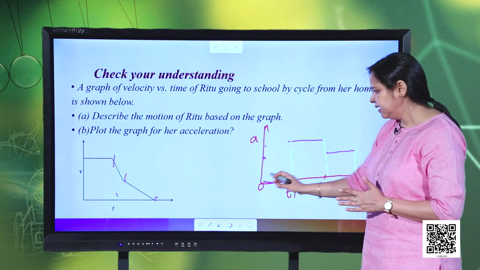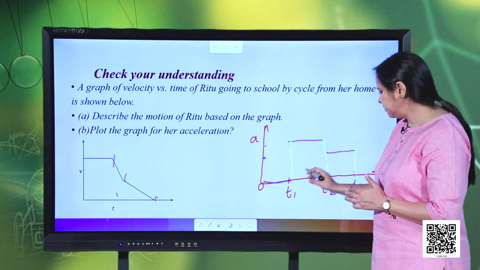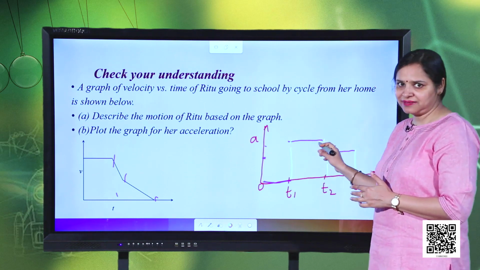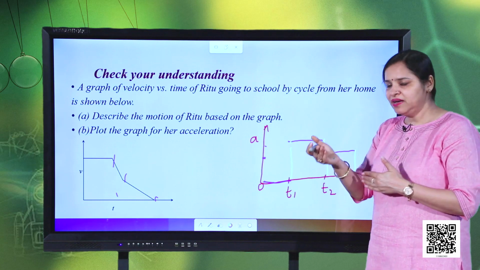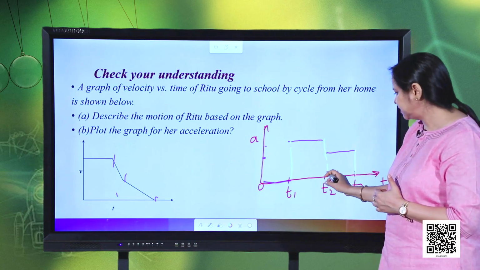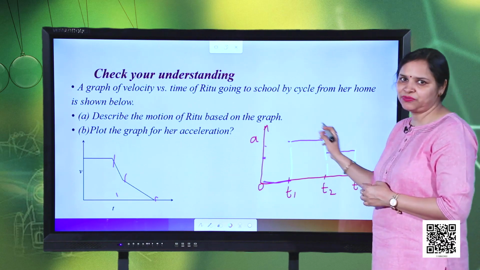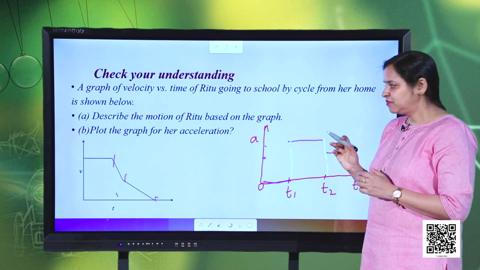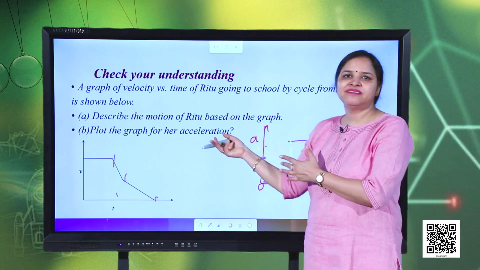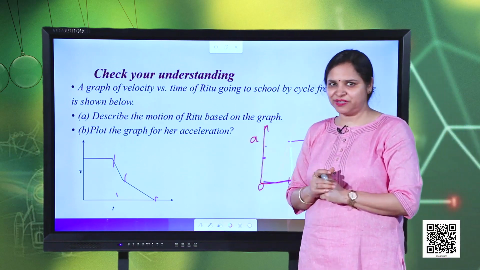So, from 0 to t1 it is 0 acceleration. From t1 to t2 acceleration is comparatively more than the acceleration between t2 and t3, but the acceleration in both the durations is uniform. So, what do we study from this simple graph? So much information we can obtain.